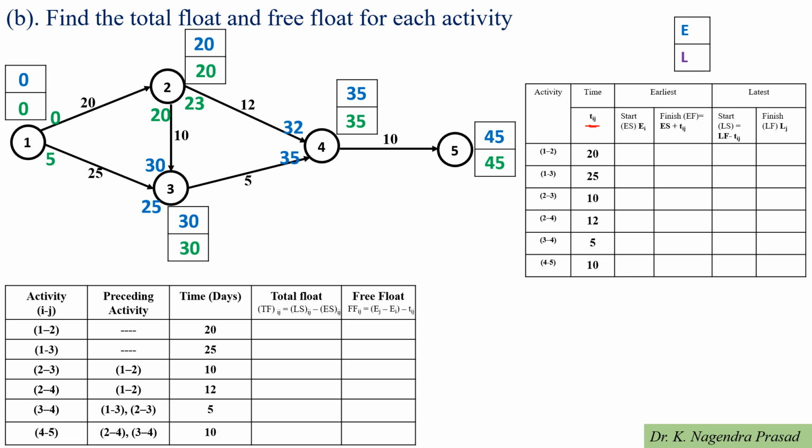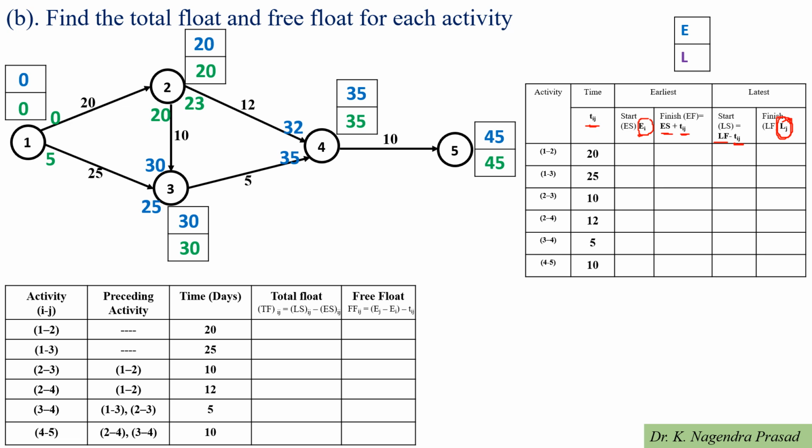Next column is the earliest start time, that is the Ei, and next column is the earliest finish time, Ef, equal to the Es, earliest start time, plus Tij, time duration of the activity, and next one is the latest start time. Latest start time is the latest finish time minus time duration of the each activity, and last column is the latest finish time, Lj. So here Ei represents the earliest start time and Lj represents the latest finish time.